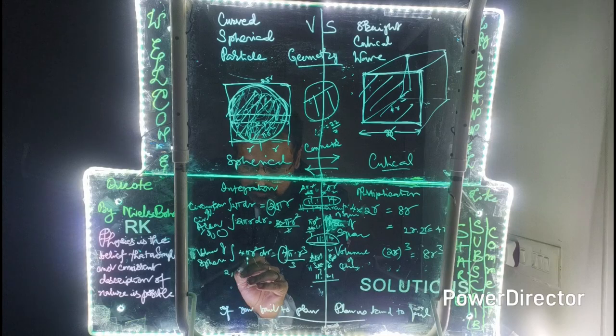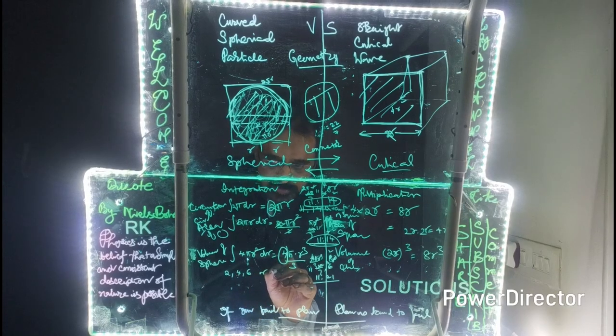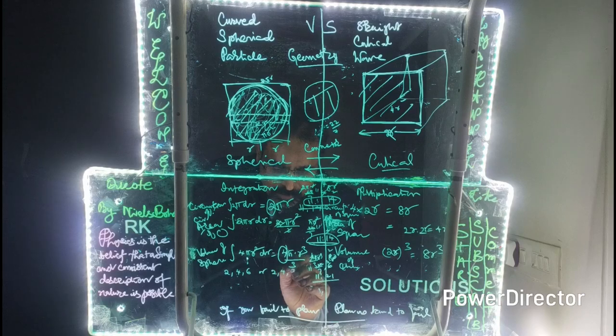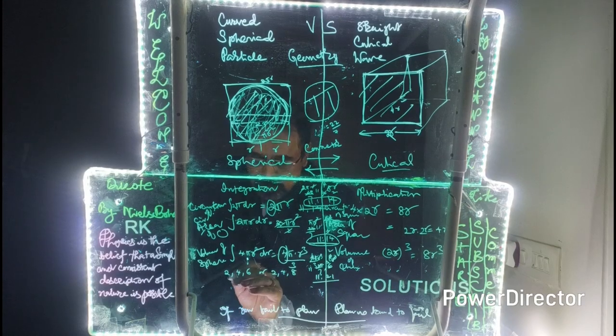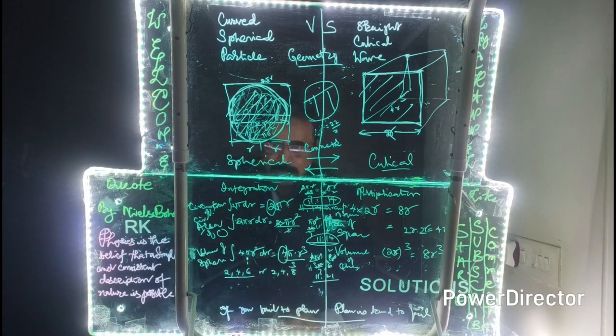Either you go with the 2, 4, 6 series or 2, 4, 8. You either multiply by 2, or you take a difference of 2, adding 2 each time.